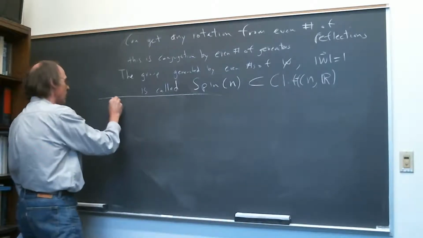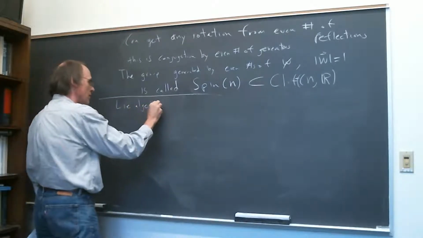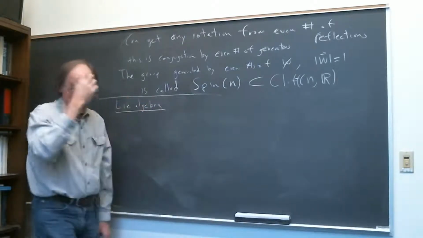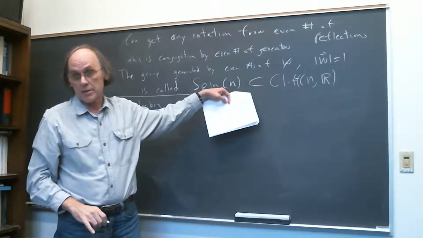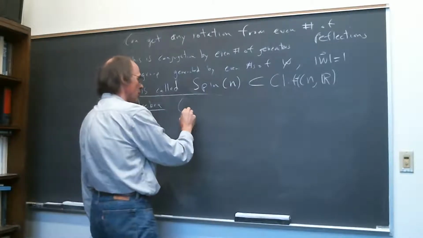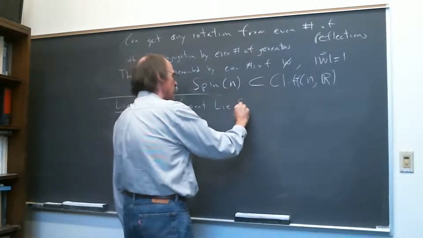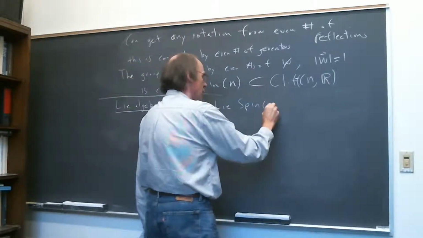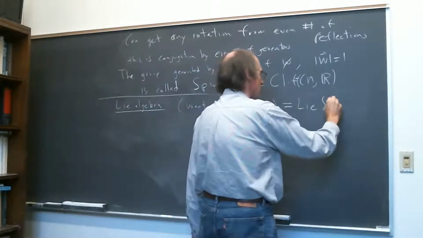So at the level of the algebra, we want to study what the Lie algebra of Spin(n) is. We know we want the Lie algebra of Spin(n) to be the same thing as the Lie algebra of SO(n).